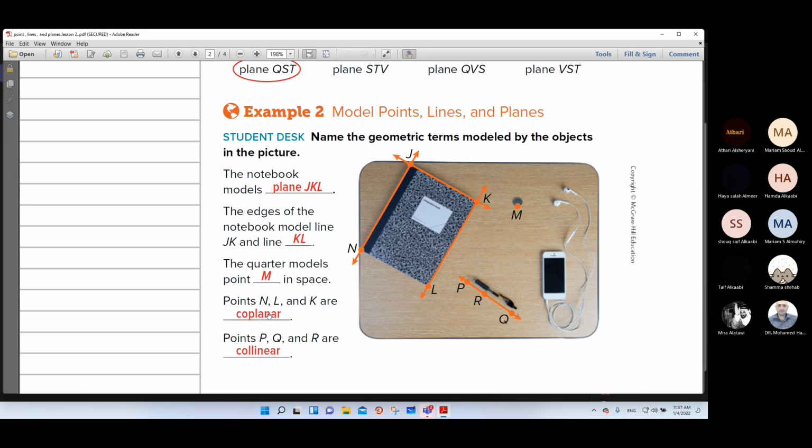Because they are in the same plane. When you have 3 points in the same plane, the name of the points here will be coplanar. But points P and Q and R, this is collinear because they are on the same line.